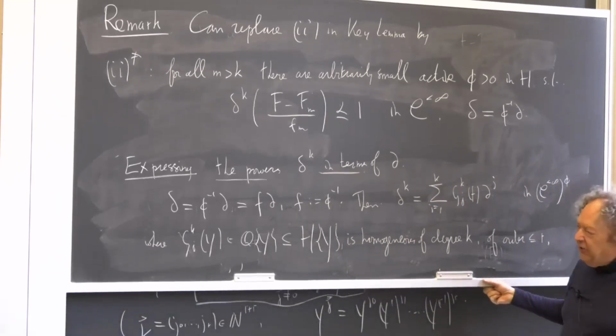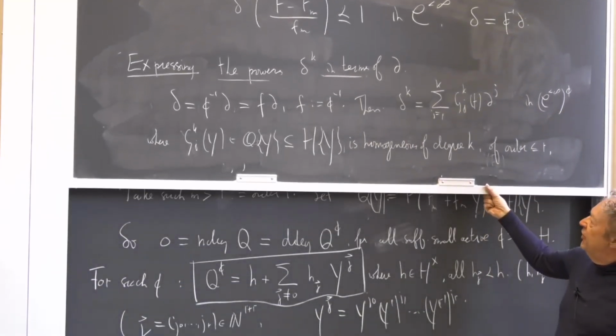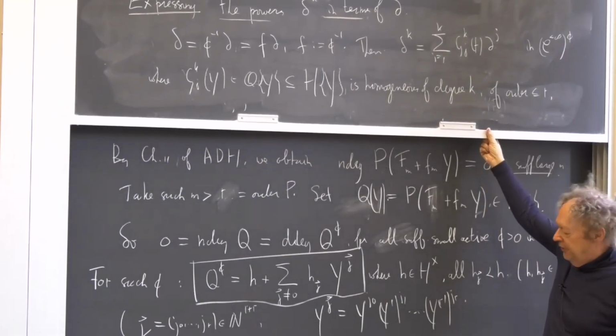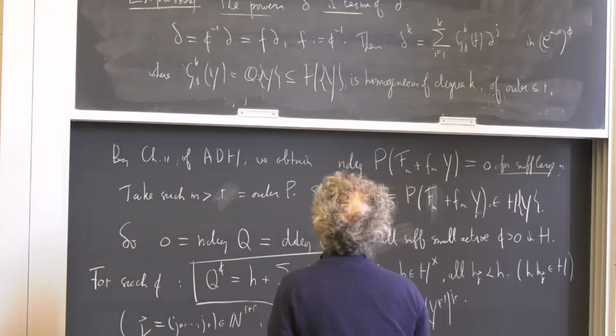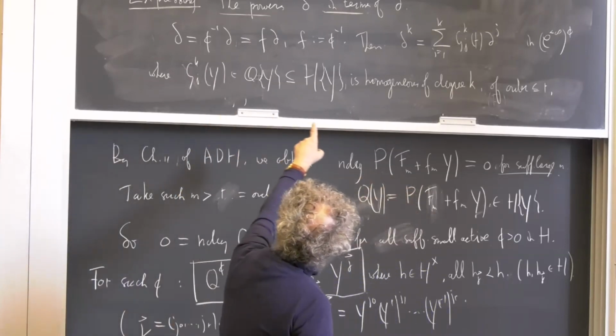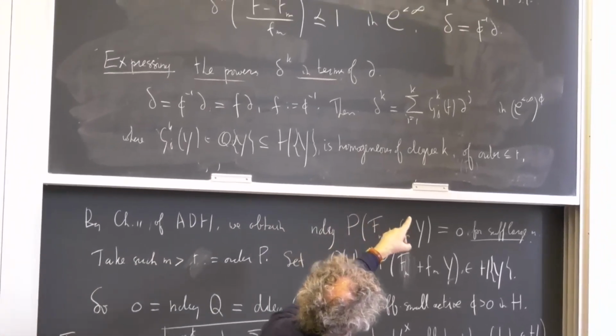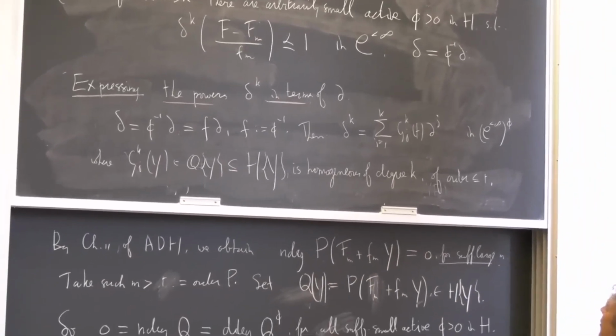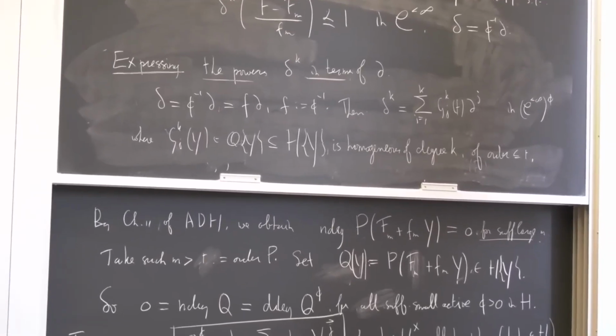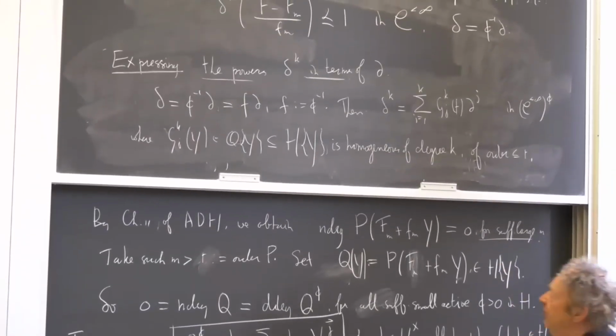I think I actually had such expressions on the blackboard. For k is 1, you just have delta equals f times delta, so G_11 would just be Y itself.